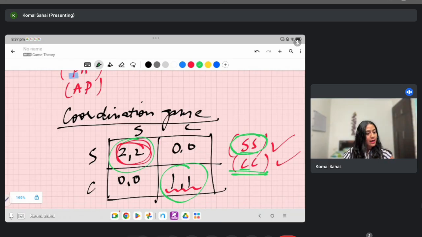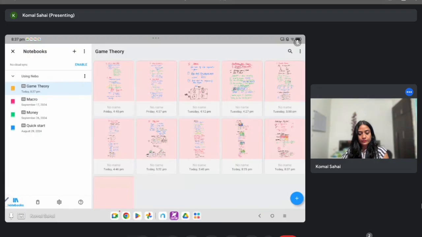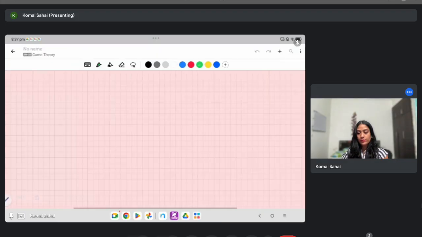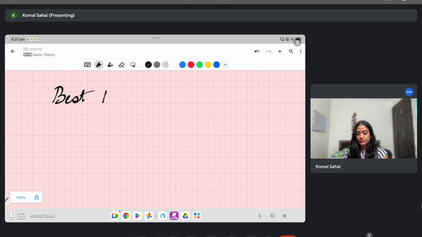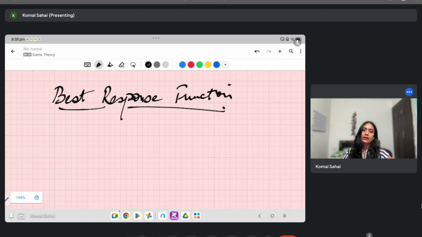So now let us discuss what is called the best response function. So far what we have been doing is हम एक एक आउटकम को स्टडी कर रहे हैं. हम देख रहे हैं इसमें क्या है, यहाँ से डेविएशन हो रहा है क्या, यहाँ से डेविएशन हो रहा है क्या, राइट?